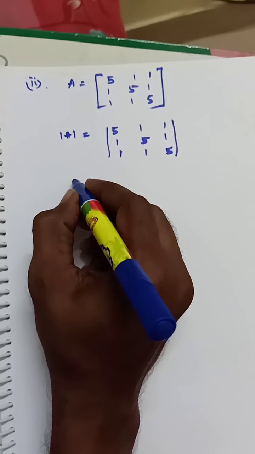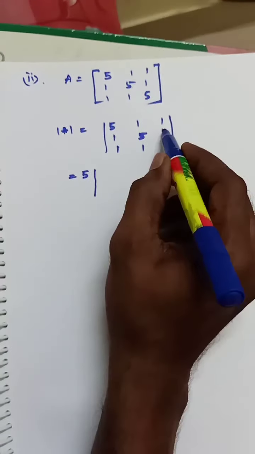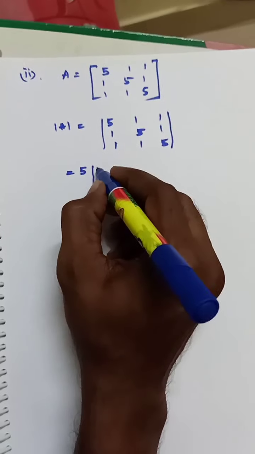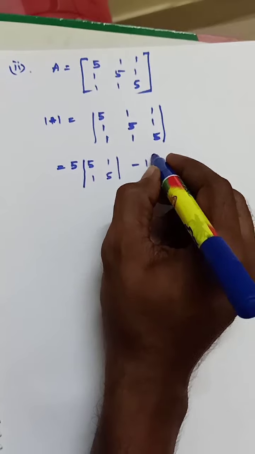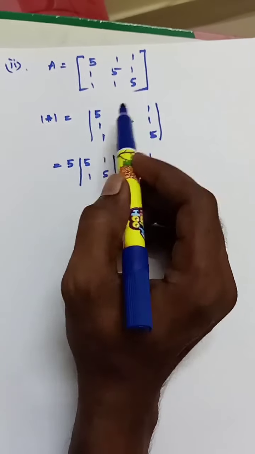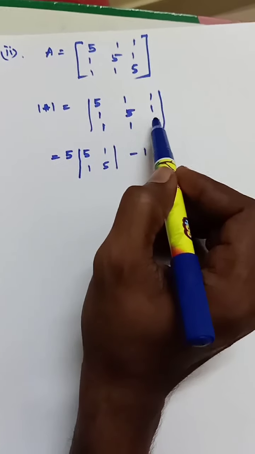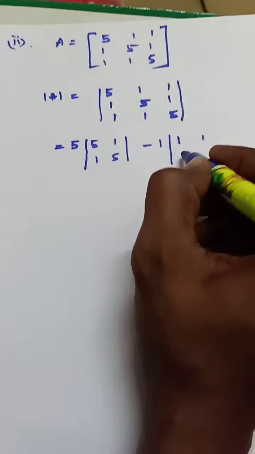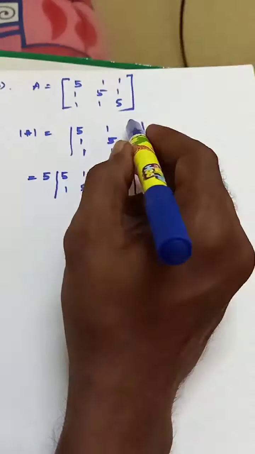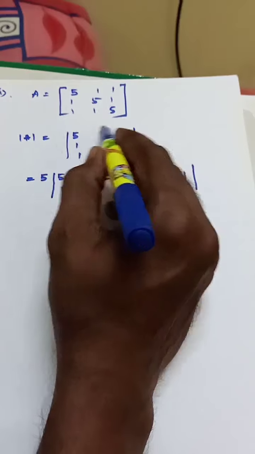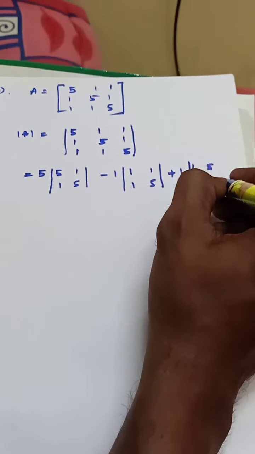So for the first row, the minor of 5 is these 4 numbers, 5 1 1 5. Minus 1 into, eliminating first row and second column, 1 1 1 5. Plus 1 into the minor of this number, eliminating the first row and third column, it is 1 5 1 1.